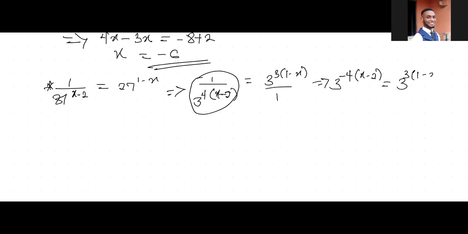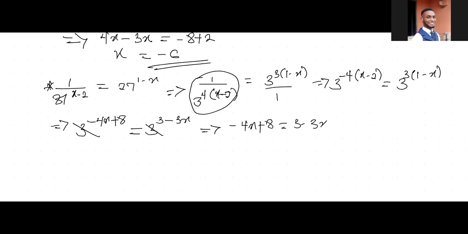Okay, then we are going to have 3 raised to the power of minus 4x plus 8, which is equal to 3 raised to the power of 3 minus 3x. So this cancels out this. Then we'll be left with minus 4x plus 8 equals 3 minus 3x.